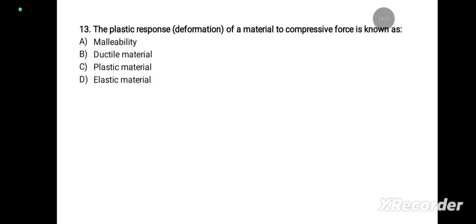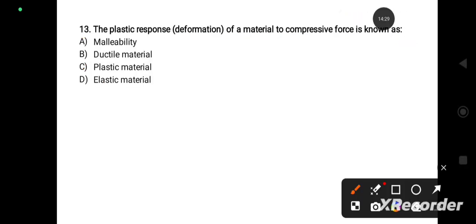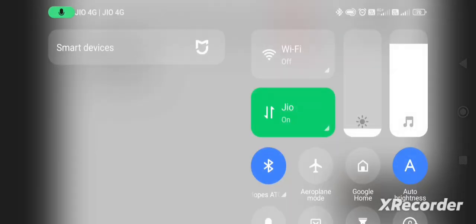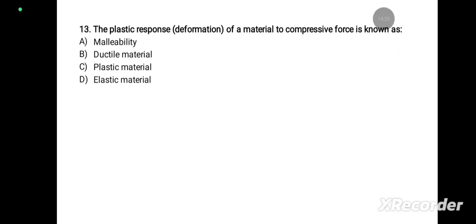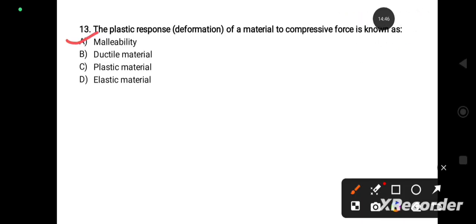Next, the plastic response of a material to a compressive force. Just wait, I will increase the brightness. The plastic deformation of a material under compressive force is malleability. Ductility is plastic deformation mainly under tensile force.